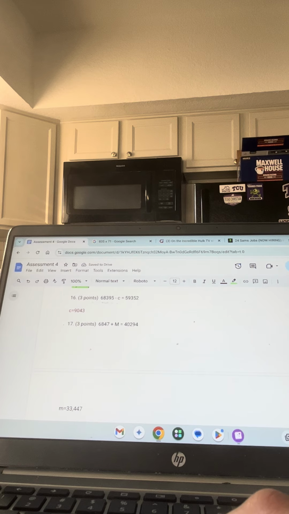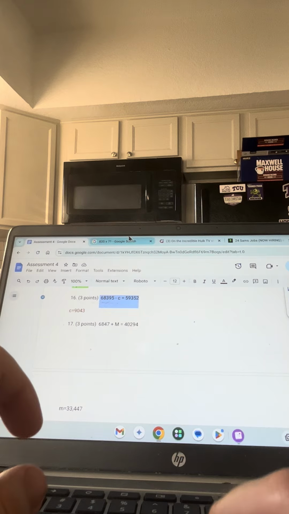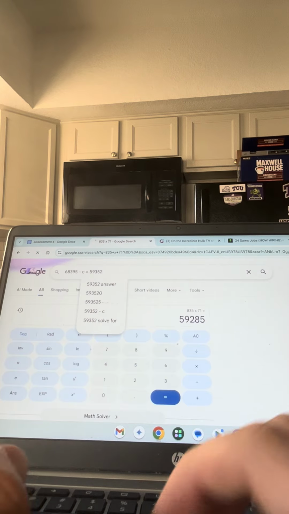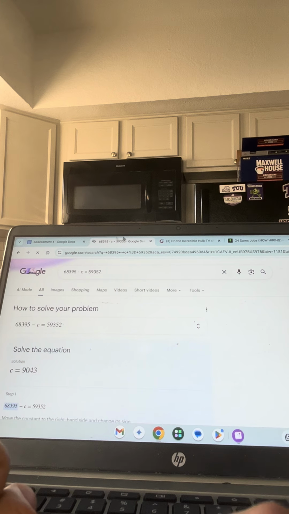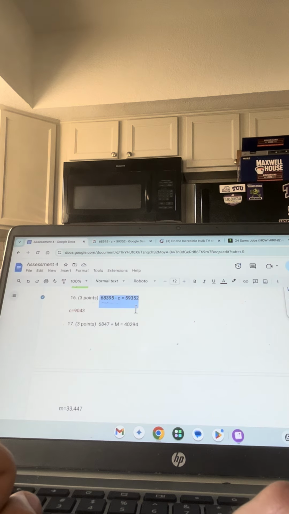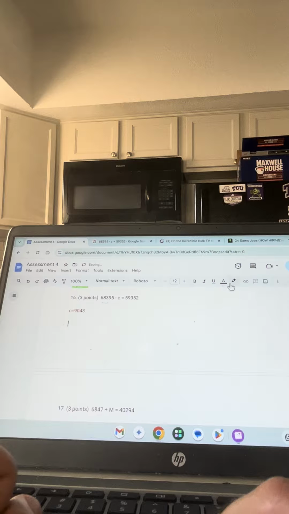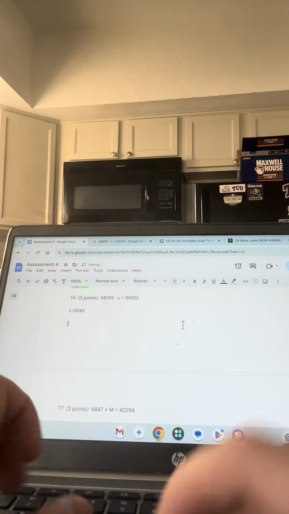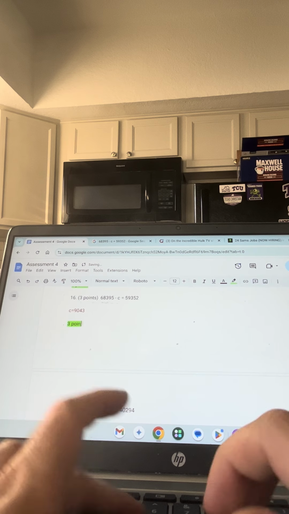Okay. See if this is correct. This could be correct. At least you didn't break the odd-even criteria. C equals 9,043. That's correct. Full points for that one. 3 points.